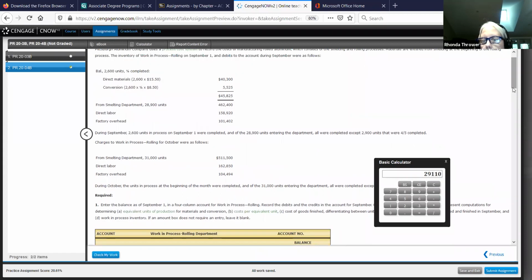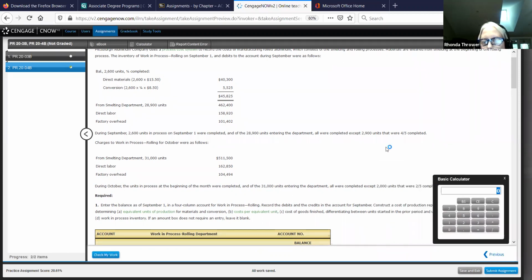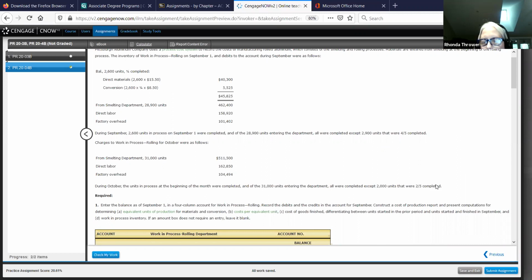Here's where it is. It's 4/5. I'm sorry, I apologize. It was 4/5 that were completed in September. Not 2/5, but 4/5 that were completed in September.